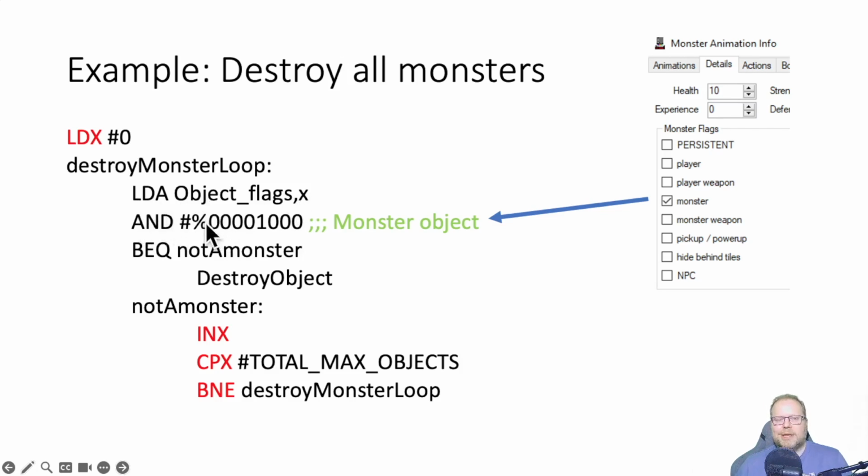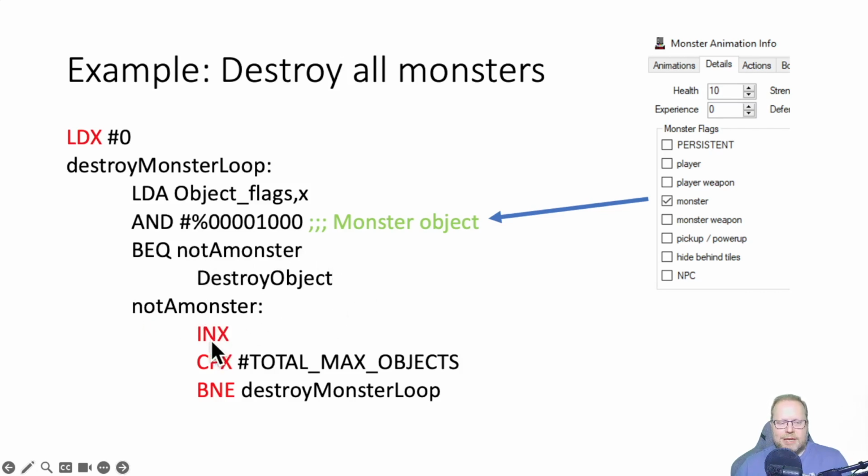We haven't talked about that, so let's not go into that now. But basically what is happening here is that I'm checking, for this specific object, is it a monster? Is this checkbox checked for this object? If it's not, then we go to not a monster down here.